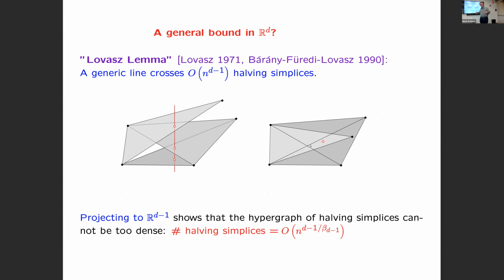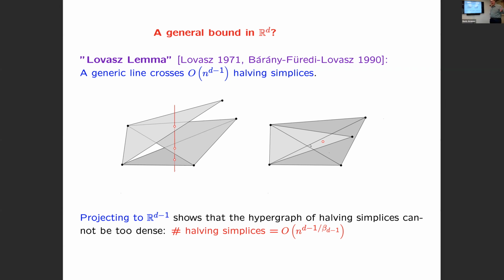But when we deal with general dimensions, dimension 5 and up, there is one known way that is used to obtain an upper bound for halving simplices, which is based on the observation of Lovász that a generic line in this space crosses only order of n to the power of d minus 1 halving simplices.